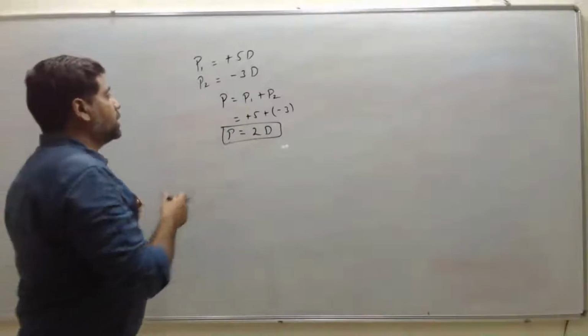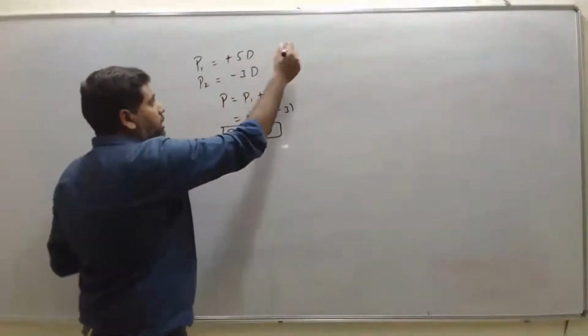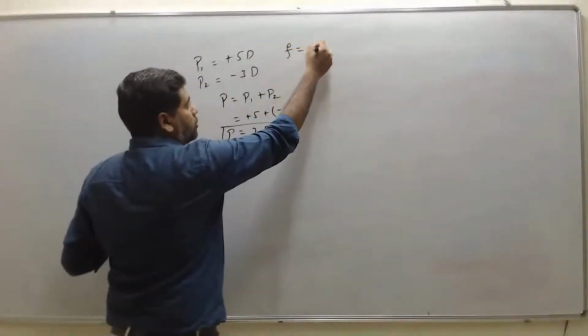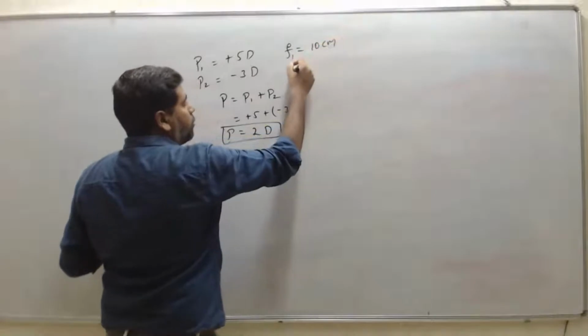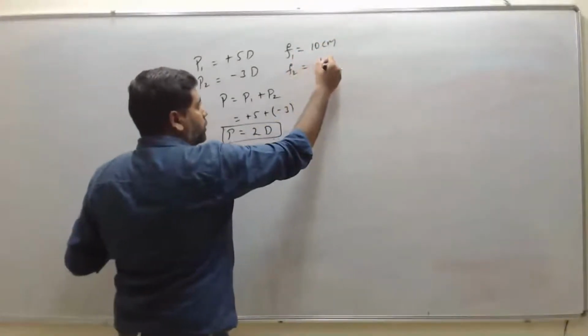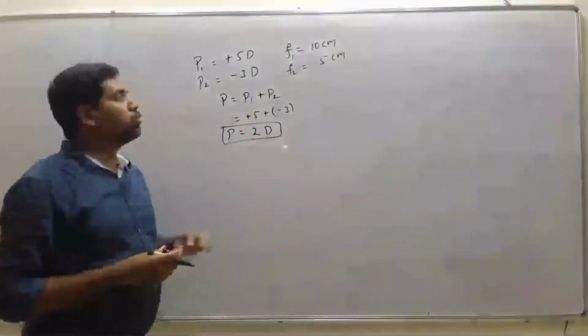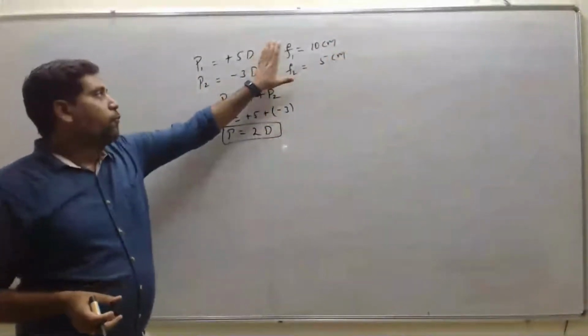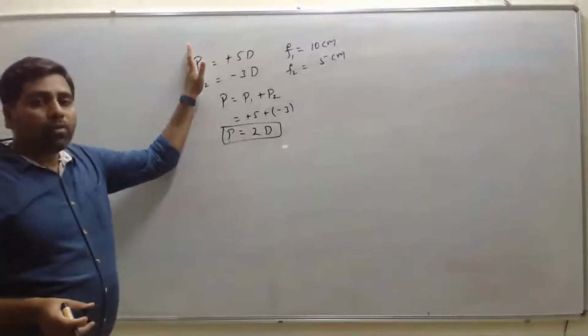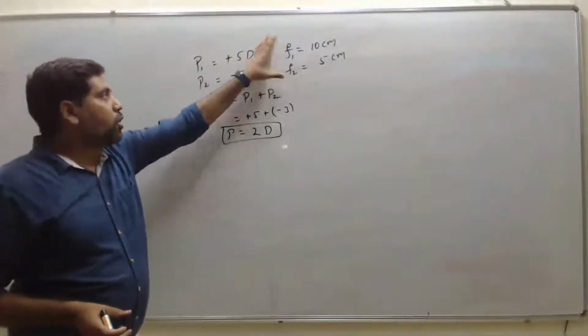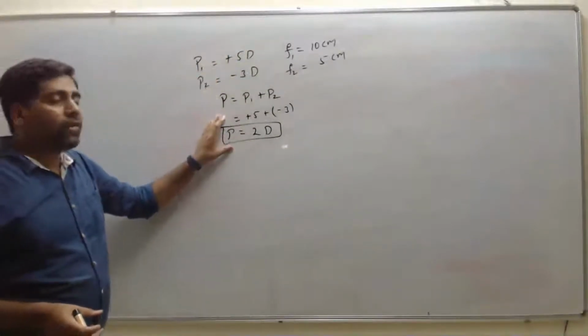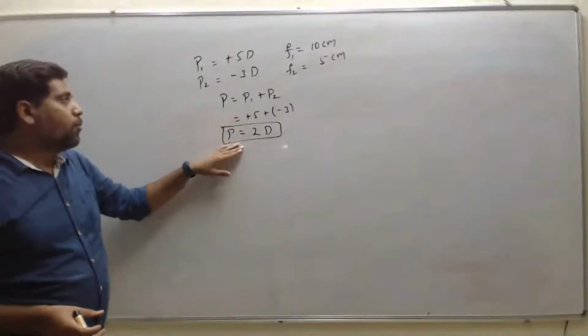If they didn't give power directly, if they gave the focal length f is equal to 10 centimeter of a lens and the focal length of another lens, then we have to change the focal length into power. That is, we have to convert the focal length in terms of power, and then finally we have to calculate the power.